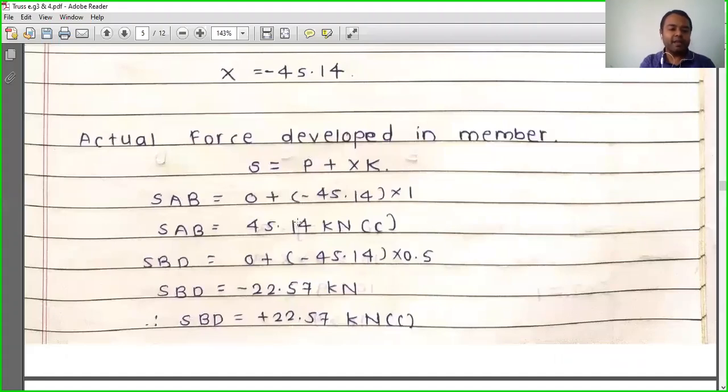So likewise, we are getting the force in this member. Here the answer we are getting is minus FAB.